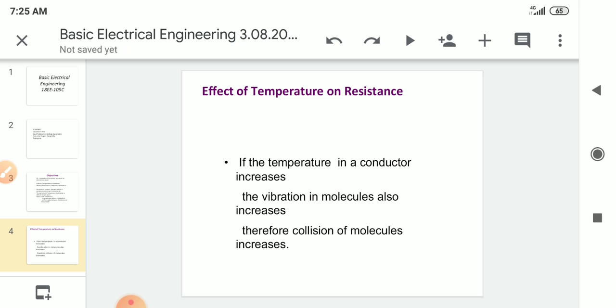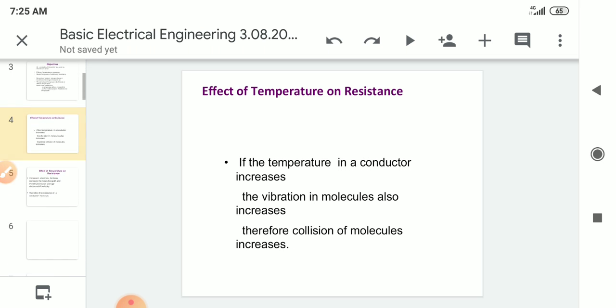If the temperature increases or decreases, the value of the resistance changes. Why does this happen? When the temperature in a conductor increases, the vibration of the molecules also increases. Then movement takes place, and these molecules move and collide with each other.